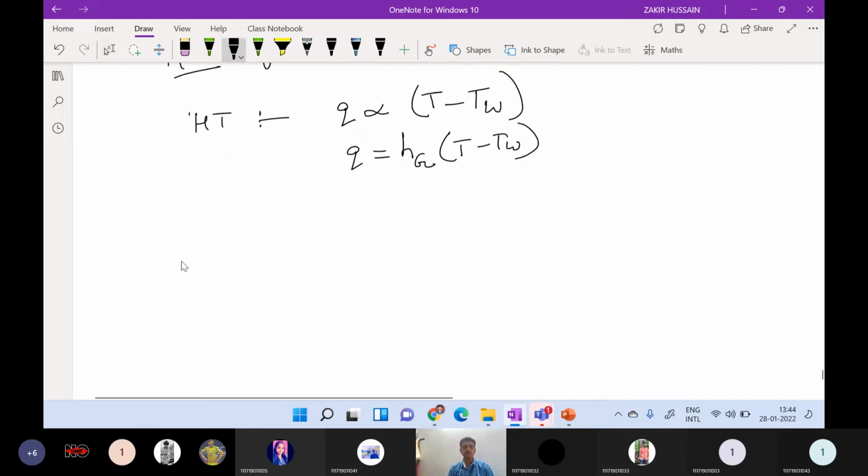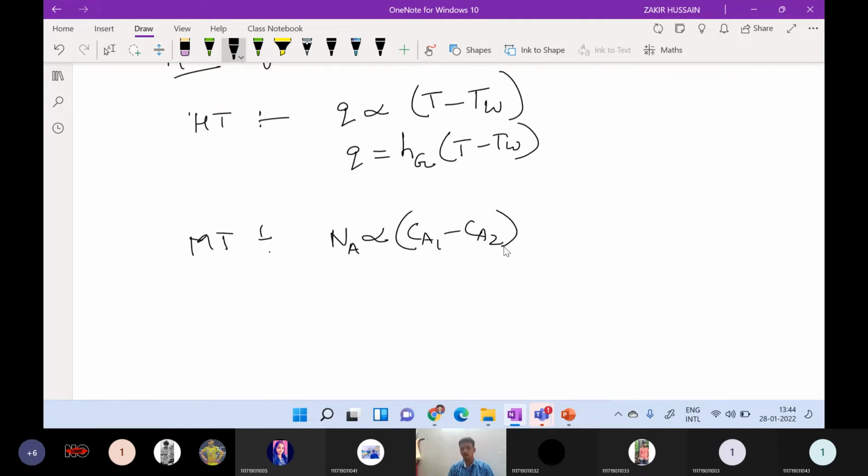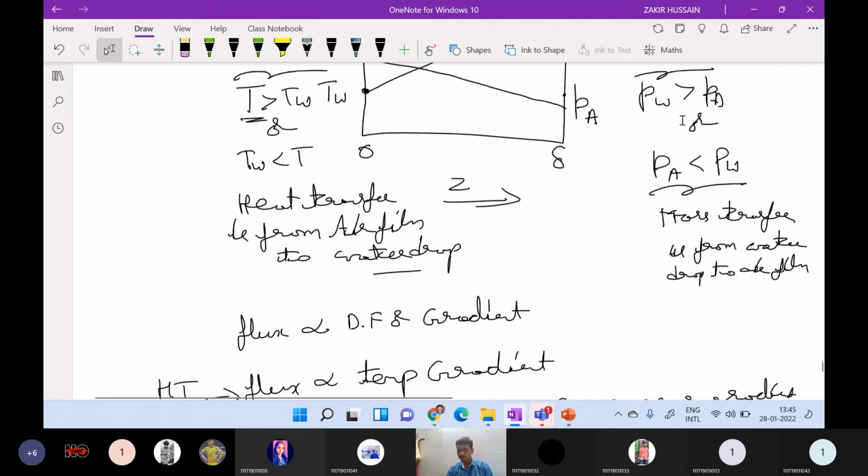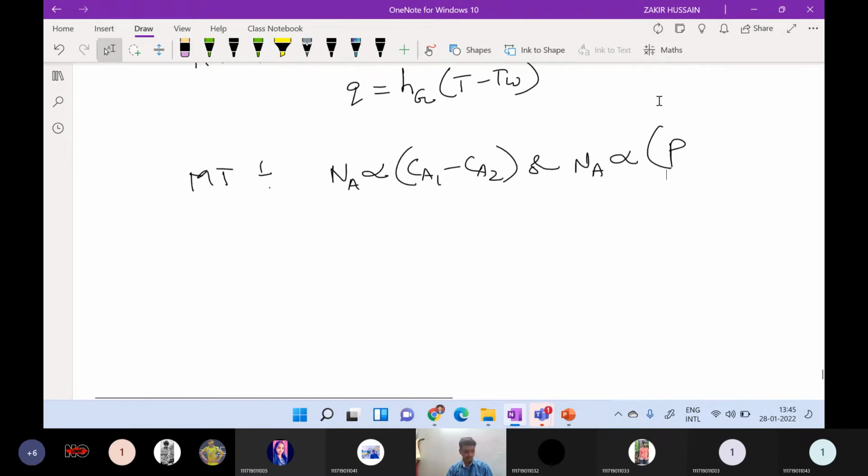Then in mass transfer, the mass flux is denoted by Na. Na is directly proportional to the concentration gradient Ca1 minus Ca2, or we can say Na is directly proportional to the pressure gradient. So here which one is the higher pressure? Which one will come first? So PW is at higher pressure.